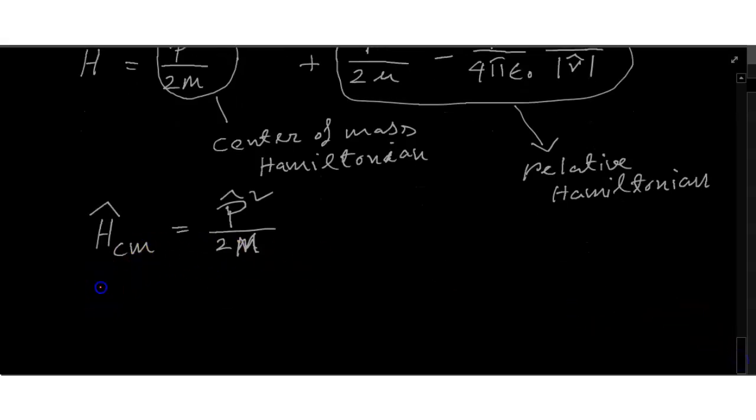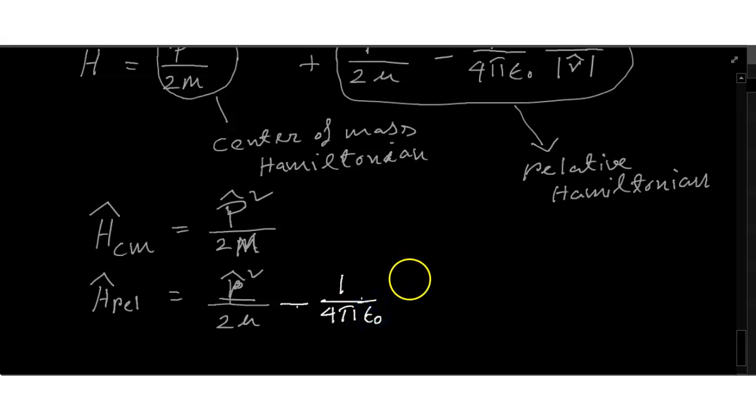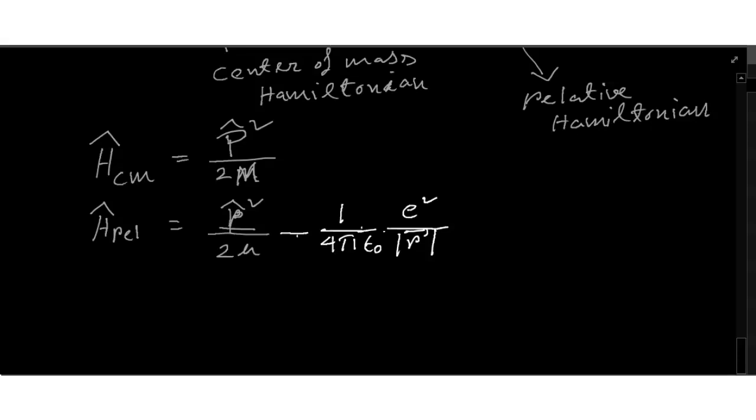And now we deal with the relative Hamiltonian. The relative Hamiltonian is equal to small p squared divided by 2 mu, minus 1 by 4 pi epsilon 0, e squared divided by mod of R. So it looks like the Hamiltonian of a single particle of mass mu moving in an electrostatic potential centered at the origin of coordinates.